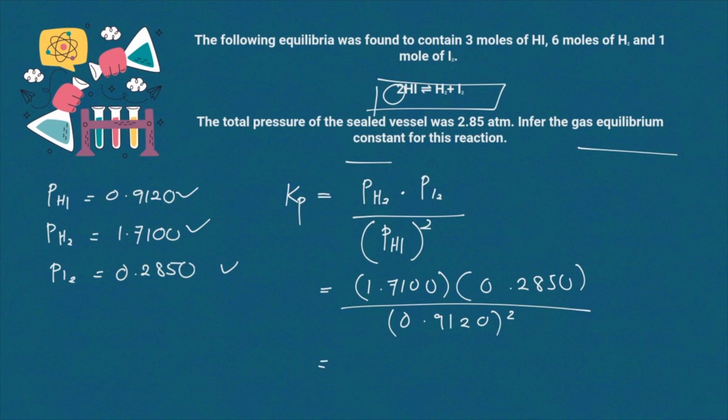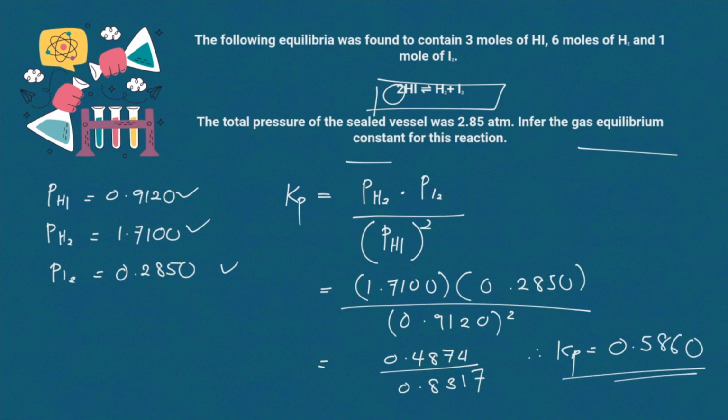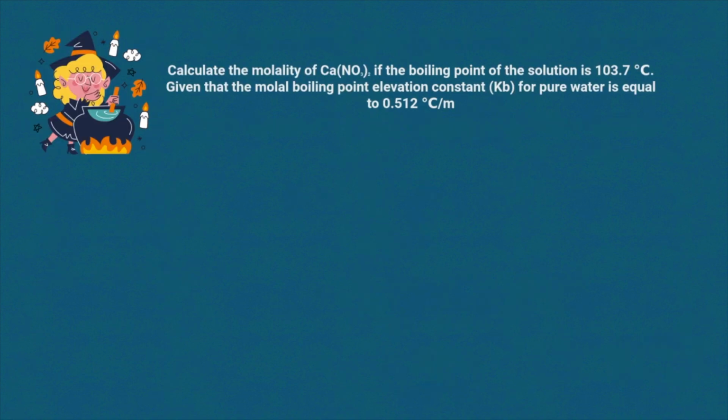So in other words, your Kp is equivalent to 0.4874 divided by 0.8317. Hence, your Kp is equivalent to 0.5860. So this is the final answer for question number 4a.